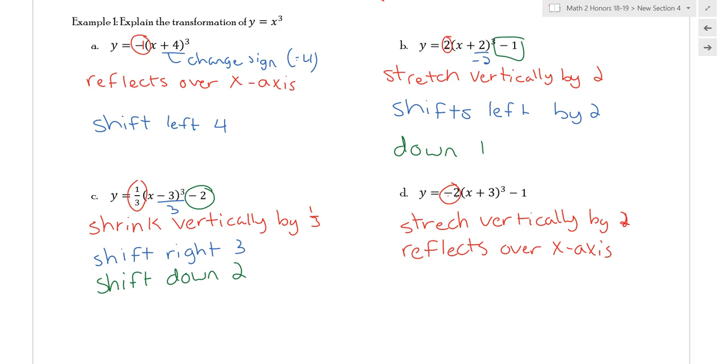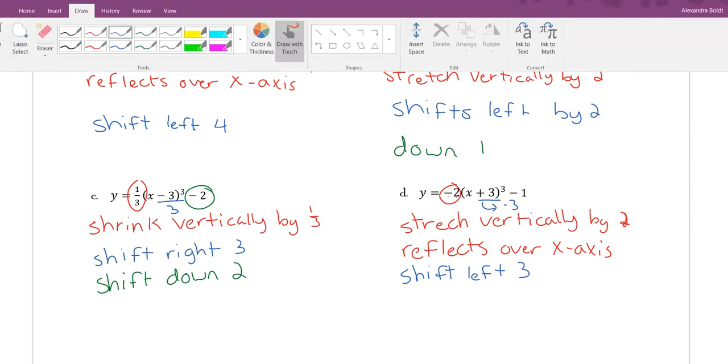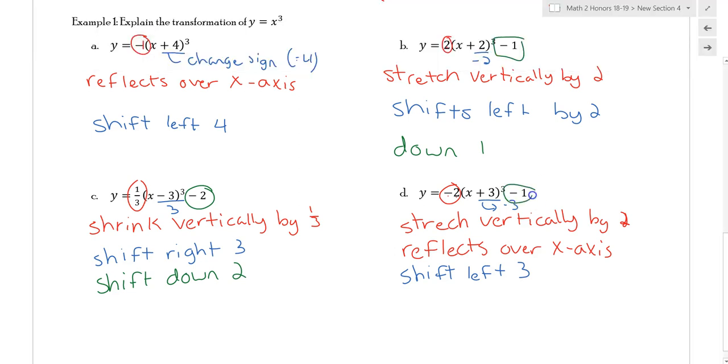So it can be both of those things. And we have the plus 3. Again, that changes to negative 3. So shift left 3. And then minus 1 shifts down 1.